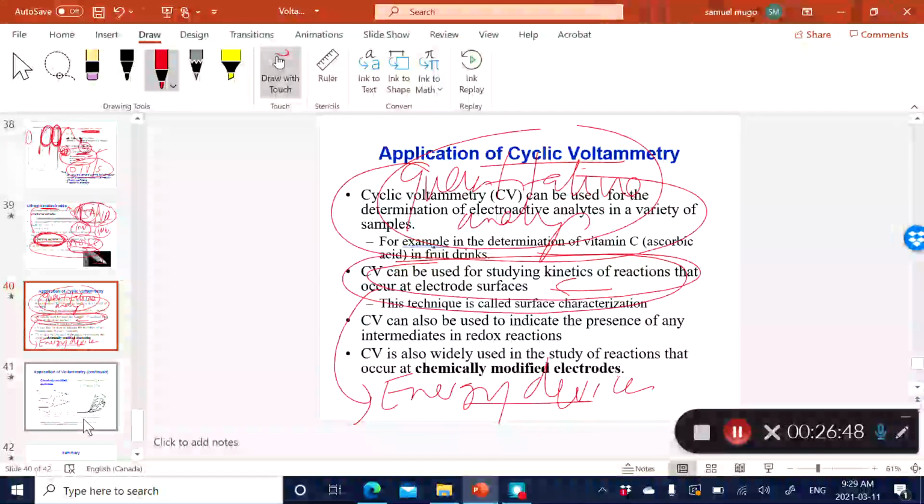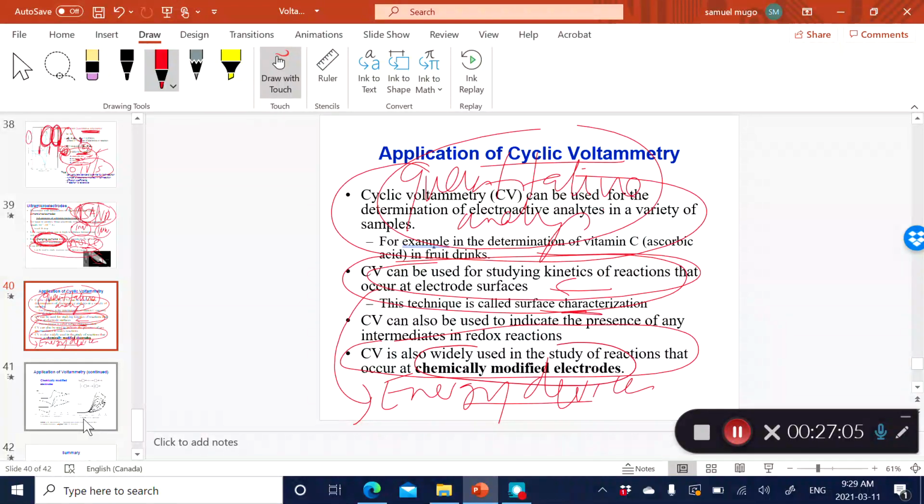And so CV is really used to study the kinetics of electron transfer, or electricity really transfer, being a surface technique. As I said before, people are trying to play a lot with the solid state chemistry so that they can make chemically modified electrodes.